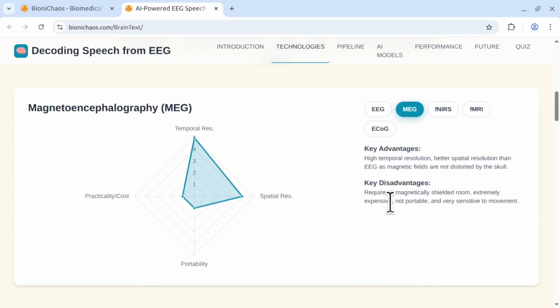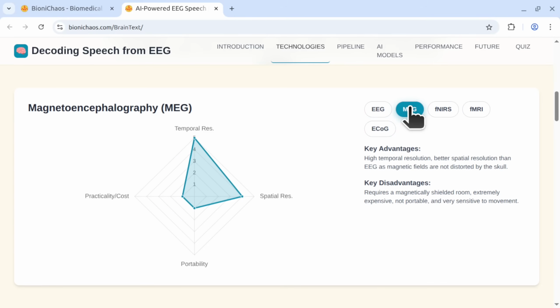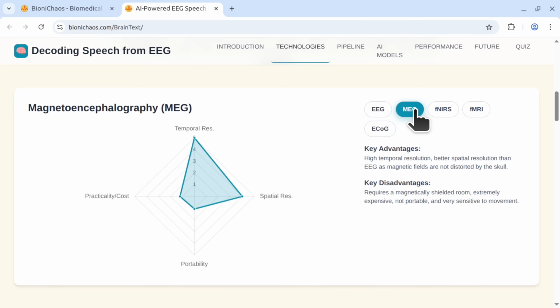The disadvantages are requires a magnetically shielded room, extremely expensive, not portable, and very sensitive to movement. These lists of advantages and disadvantages are likely the basis for the ratings on the radar chart. For example, high temporal and spatial resolution for ECoG would correspond to high ratings on those axes, while high cost for MEG would correspond to a low rating on practicality/cost.